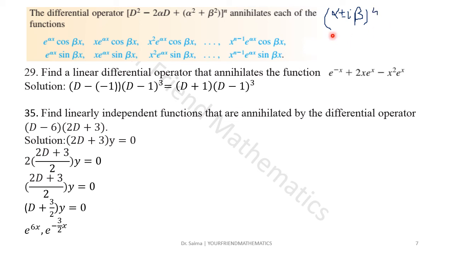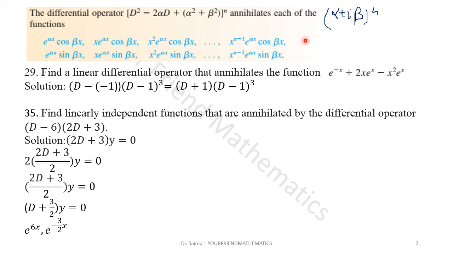So the general solution of this will be e raised to power alpha x (cos beta x plus sin beta x) plus x e raised to power alpha x (cos beta x plus sin beta x), and so on till x raised to power n minus 1 e raised to power alpha x into (cos beta x plus sin beta x).